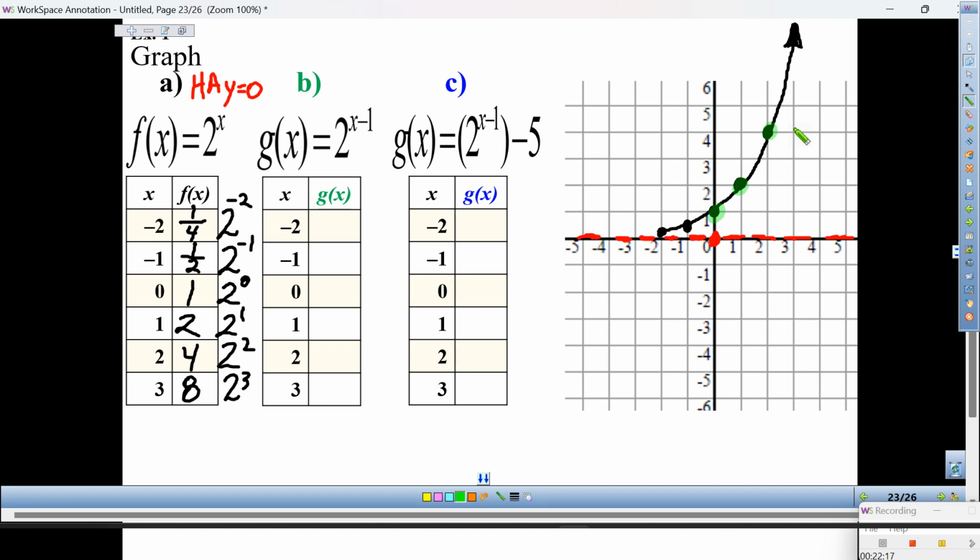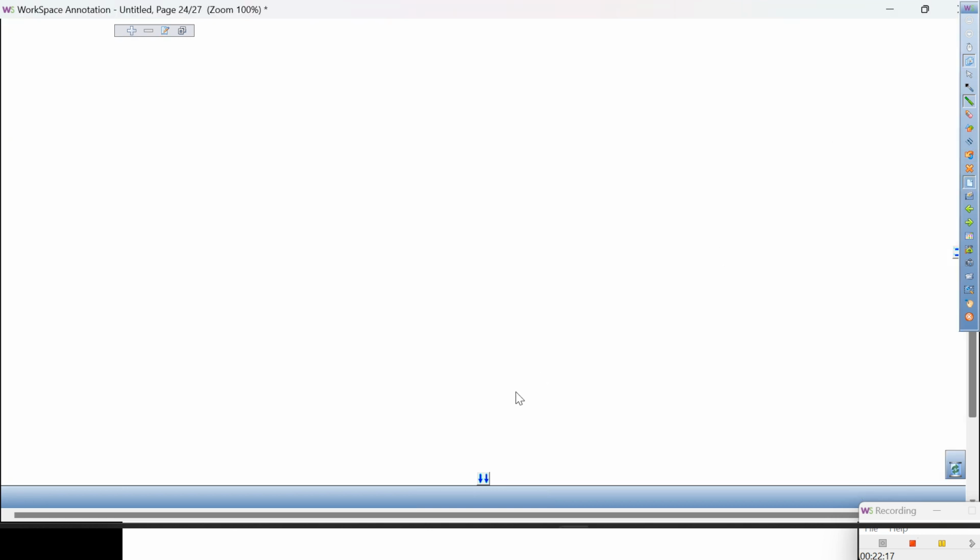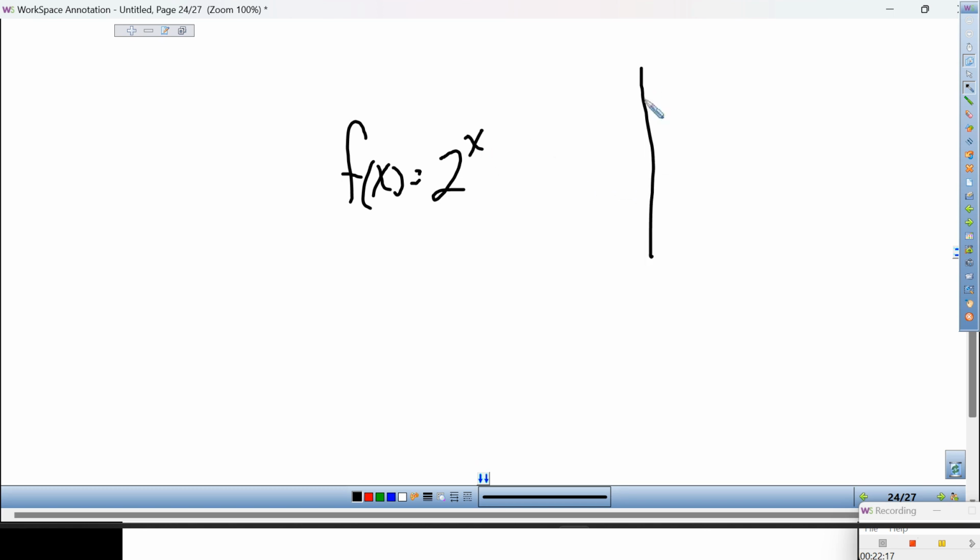Tell your neighbor which points are we going to use right away without a table? Yeah, so if I go like this, all right, guys, let's say I go Frida, f of x equals 2 to the x, and I give her the coordinate plane, and I ask her, help me graph that. What points do I use?